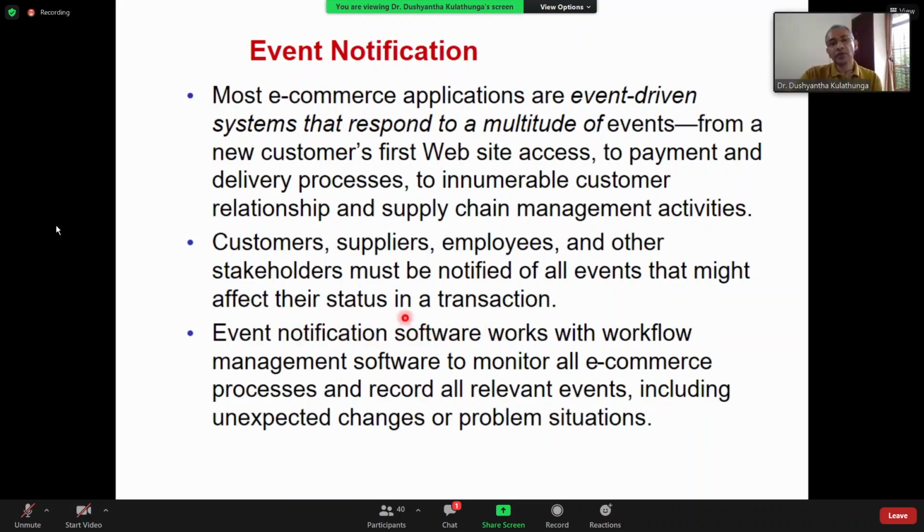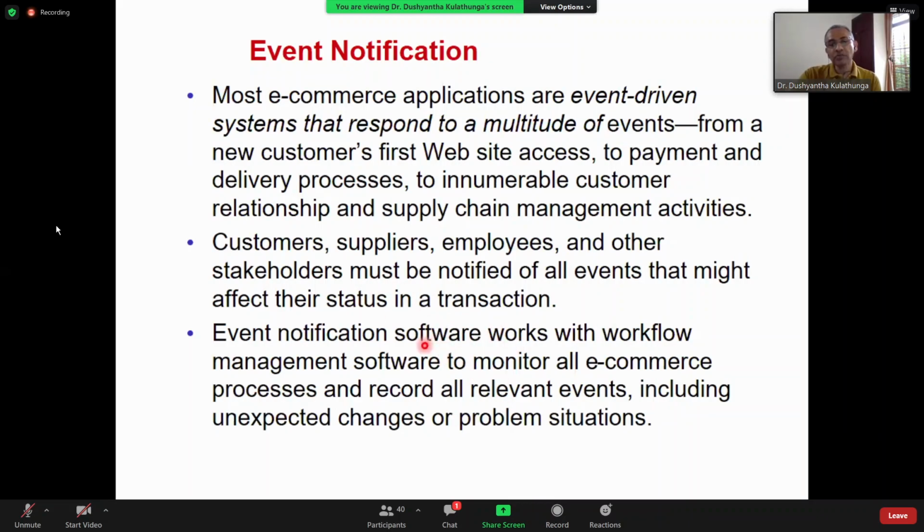If certain information is changed in relation to a particular order or process, as we mentioned earlier, as we proceed with a transaction there can be certain changes taking place in our status.